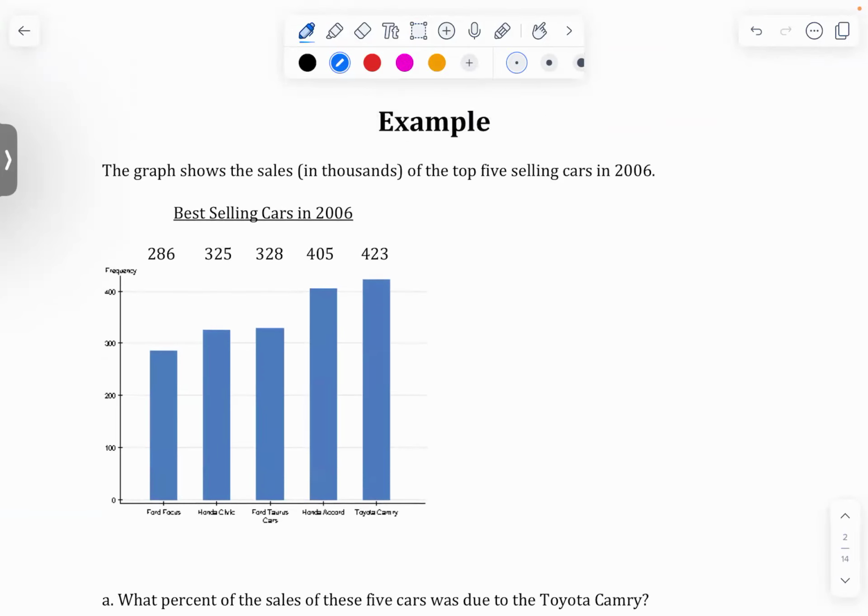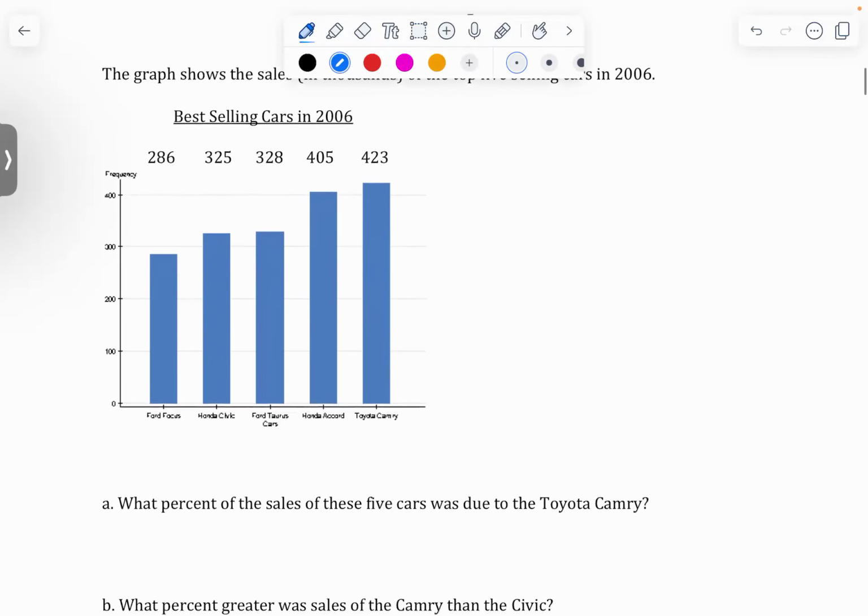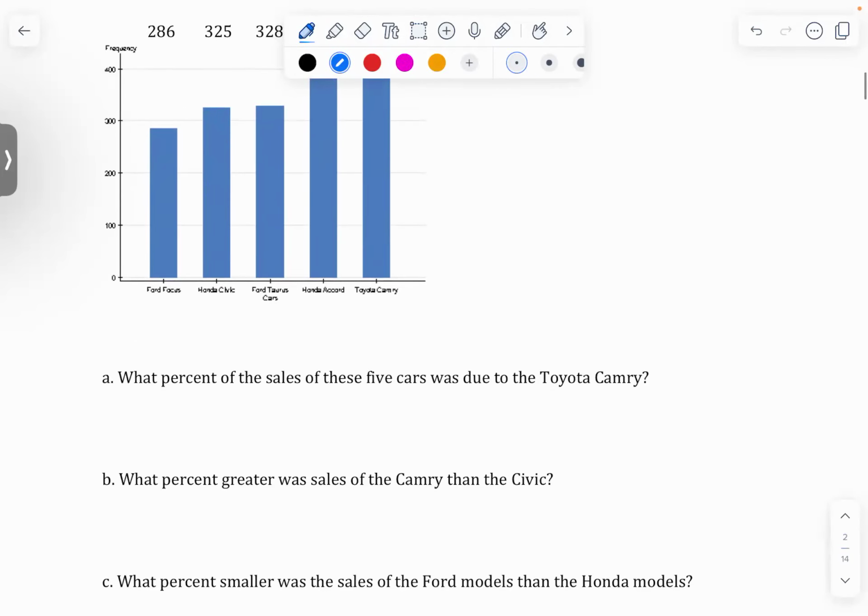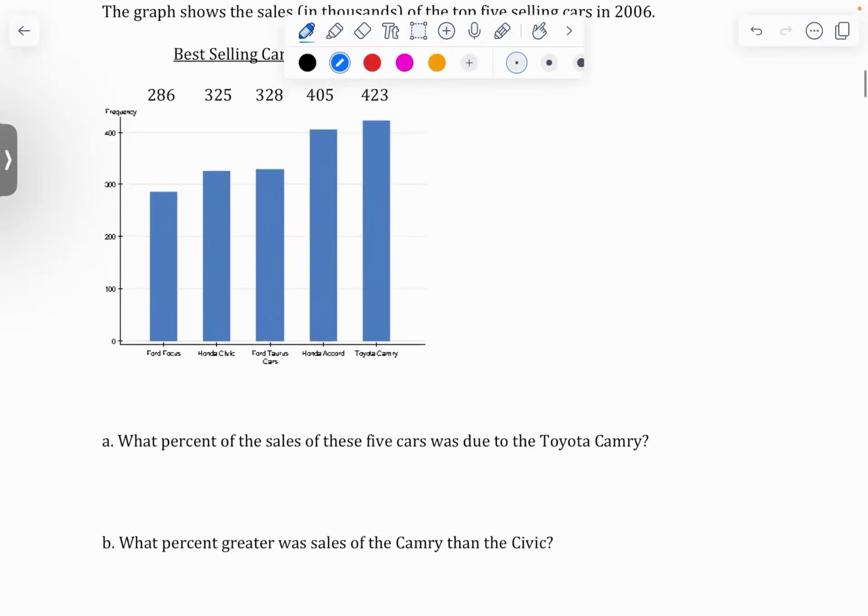Looking at an example there. I have a graph that shows the sales in thousands of the top 5 selling cars in '06: Ford Focus, Honda Civic, Ford Taurus, Honda Accord, and the Camry. What percent of sales of these 5 cars was due to the Toyota Camry?